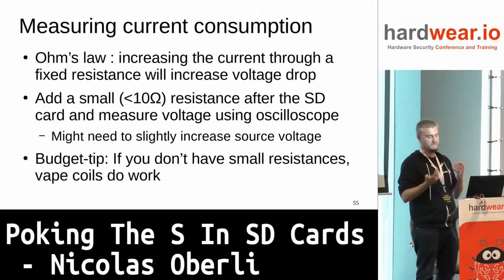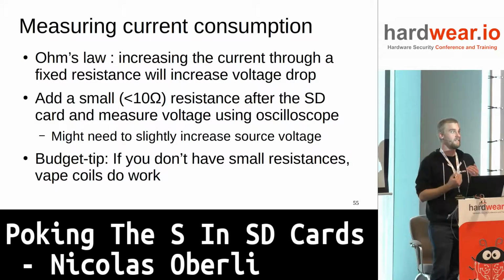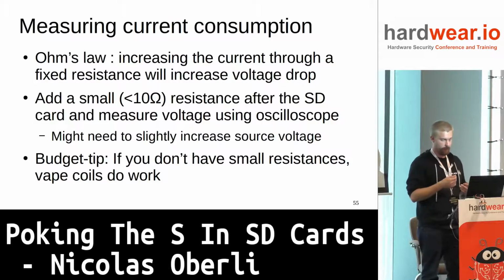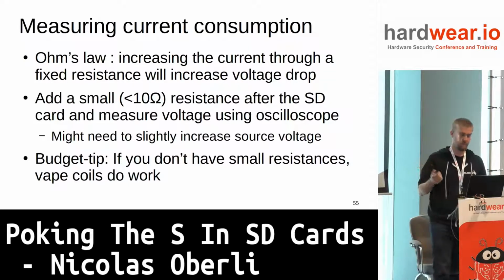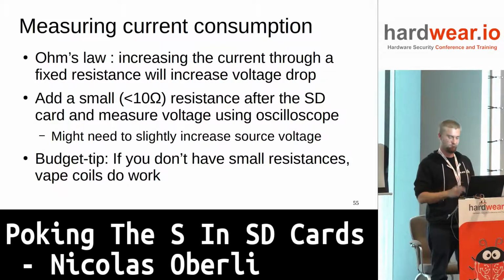So we should be able to actually see that the card is consuming more power. For you at home, if you don't have small resistors, if you vape, you are able to build a really small resistor with your vape material. It works.